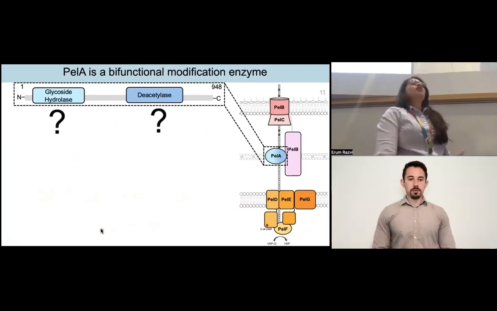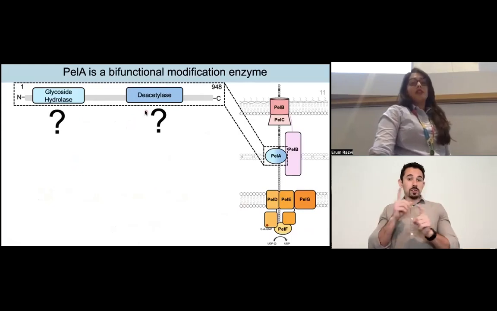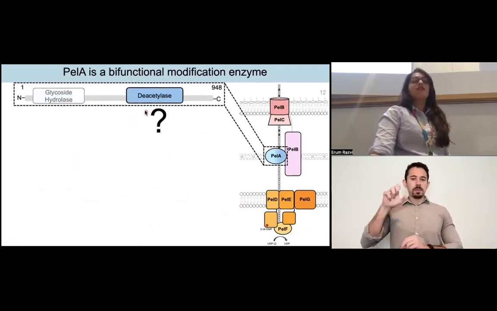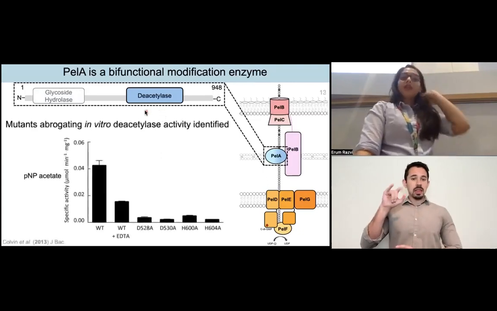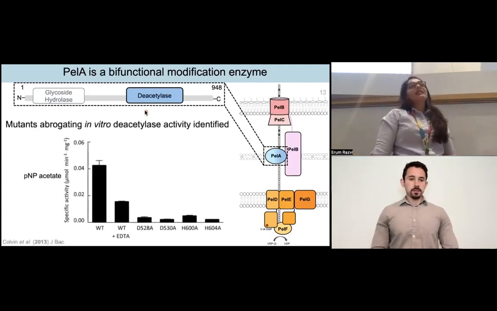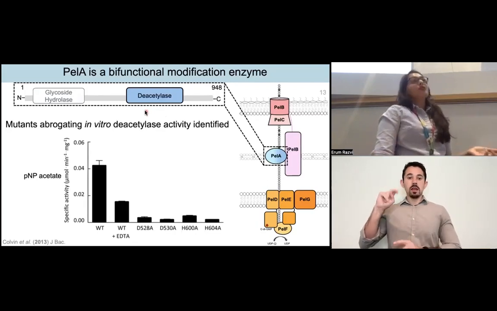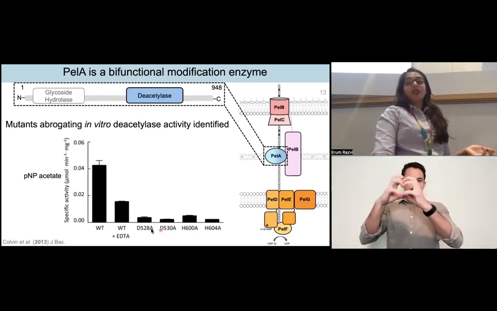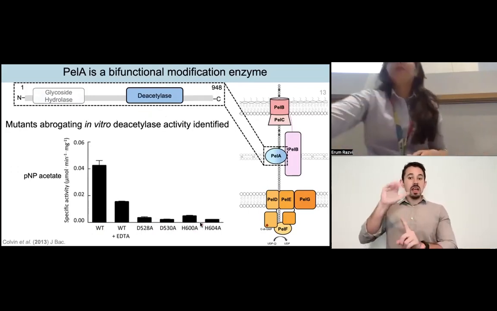Next, we wanted to focus on the role of each of these domains in the context of PEL biosynthesis. So focusing firstly on the deacetylase domain. It's clear that the deacetylase domain deacetylates the PEL polysaccharide, and previous work has identified catalytic point mutants abrogating this activity in vitro on a pseudo substrate.